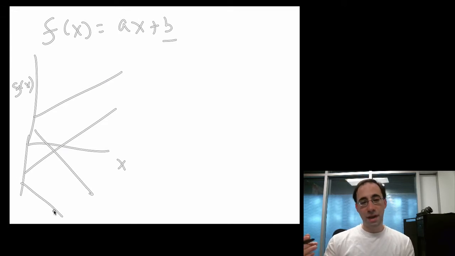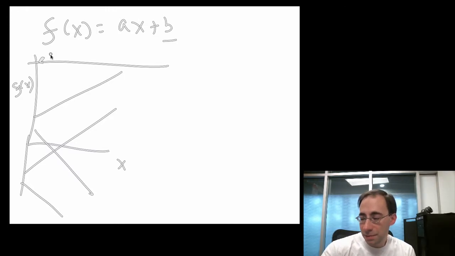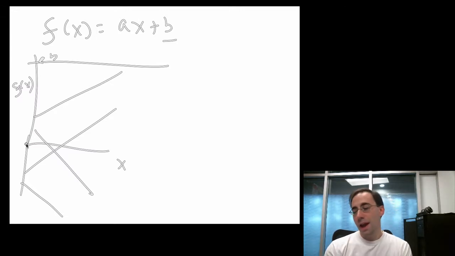This intercept is b. If you plug in x equals 0, you get b, so that's the intercept. Affine functions are a little more general than linear functions, because if you make b equal 0, you get a linear function.